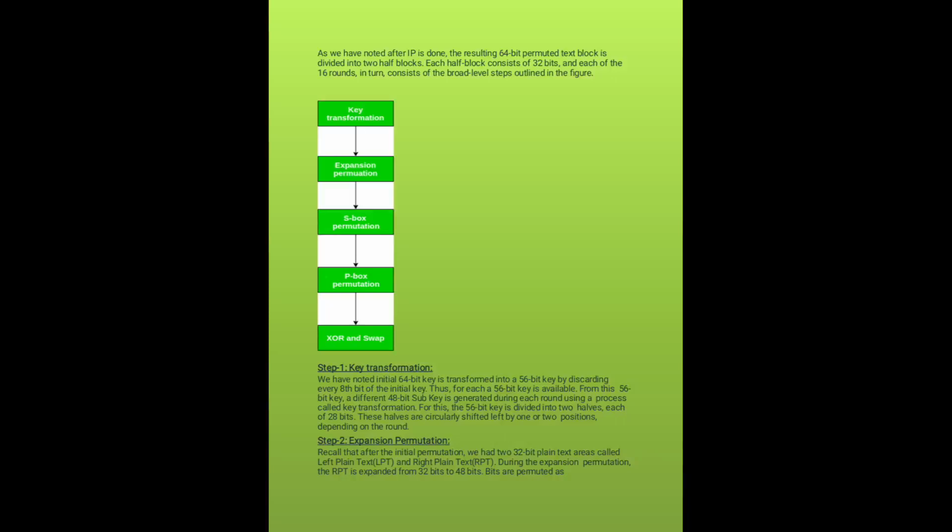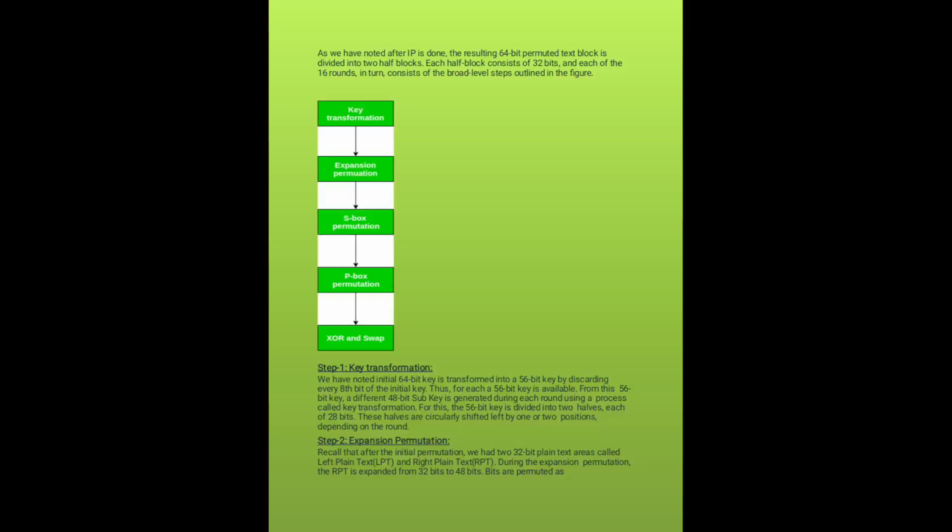In the first step, key transformation, the initial 64-bit key is transformed into a 56-bit key by discarding every 8th bit of the initial key. Thus, a 56-bit key is available. From this 56-bit key, a different 48-bit subkey is generated during each round using a process called key transformation. In the second step, expansion permutation is done.